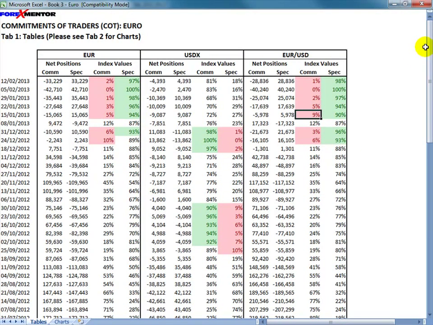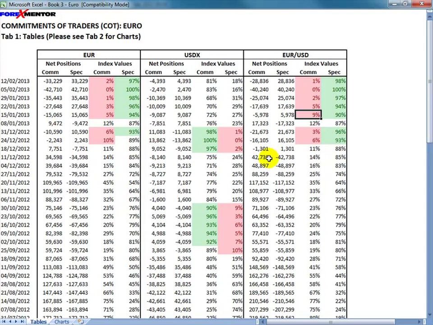We have similar data tables, broken down into a tables page and a charts page, which you can download for each of 15 currency markets that we look at: all of the forex majors, the US dollar index, and implied COT positioning for a number of the more popular cross pairs derived from them, as well as 13 commodity futures. You can download the tables and the charts in your choice of either Excel or PDF formats to take a closer look at the data as you wish.